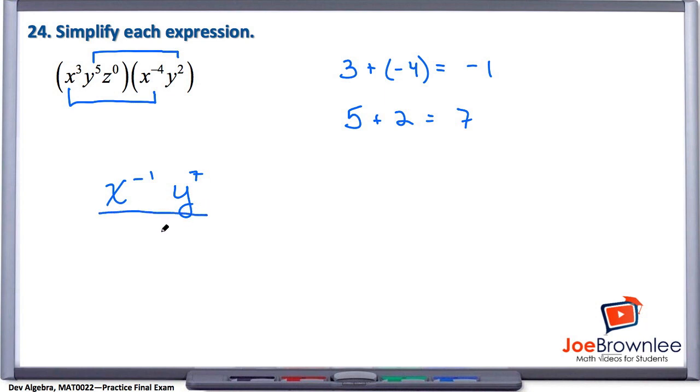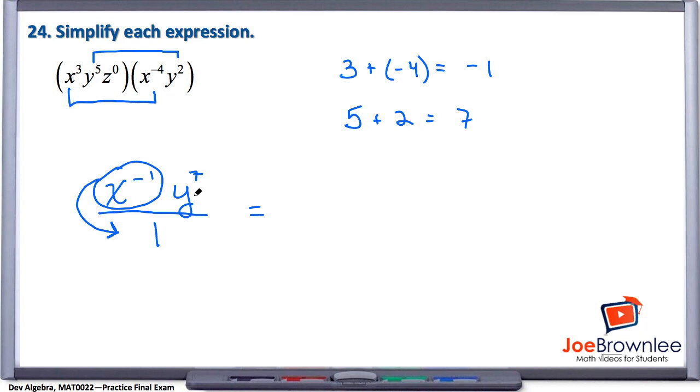And if we write this expression over 1, now we can clearly see our numerator, we can clearly see our denominator, and we know that to make this negative 1 exponent positive, we've got to move it from upstairs to downstairs, and all that does is change the exponent from negative to positive.